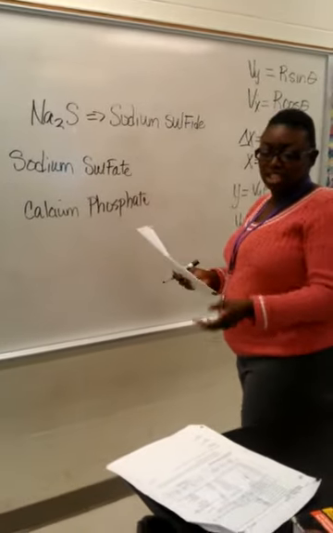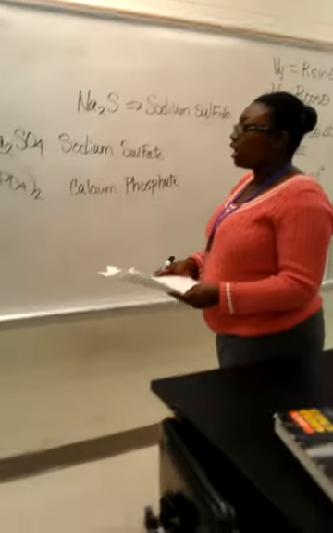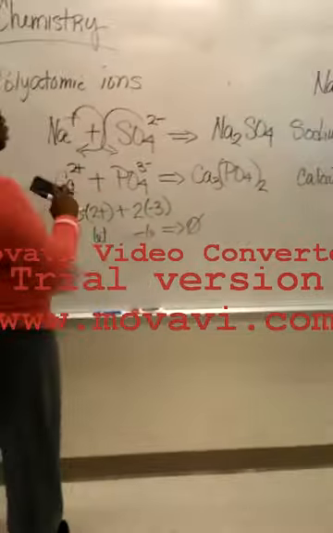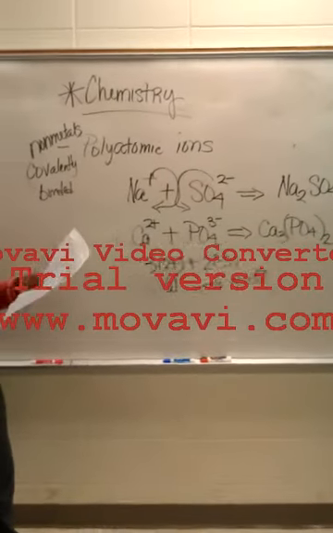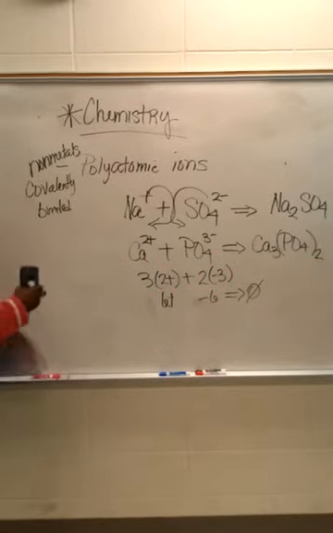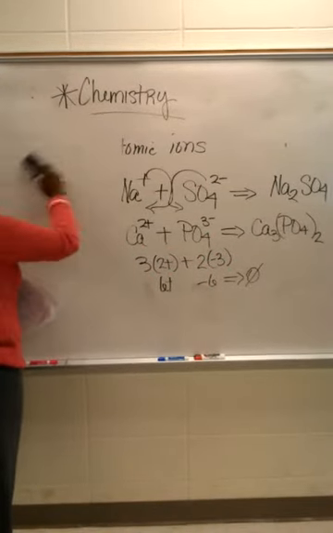So take out your practice sheet. And the first thing we're going to do is we're going to do some Lewis dot structures showing how the electrons are transferred through ionic bonding.